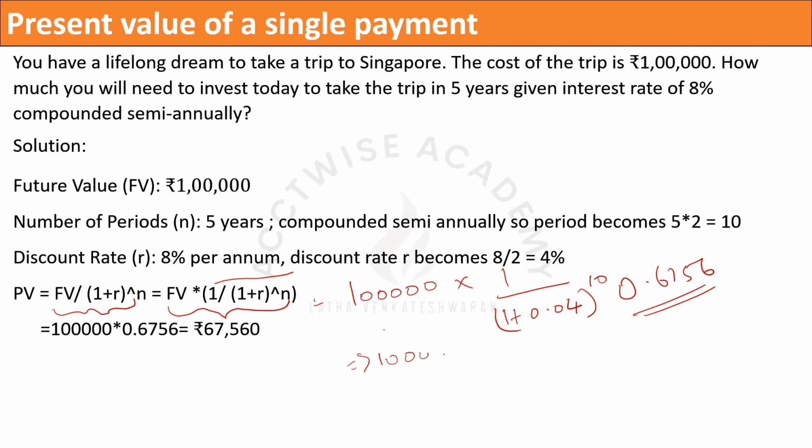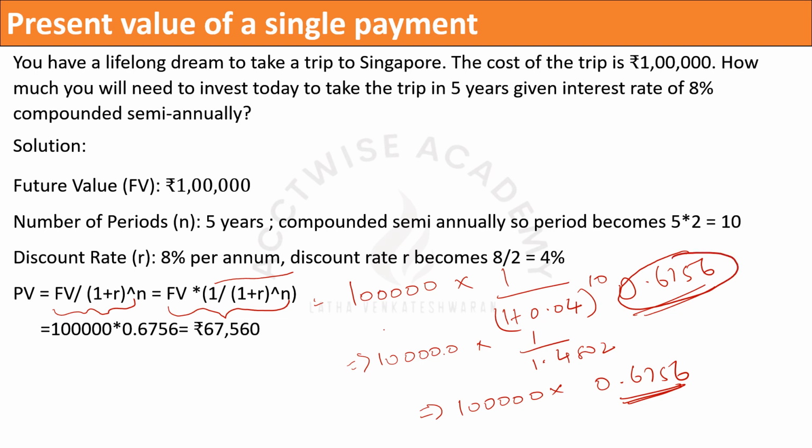Previously, using the formula method, we saw that 1.04 to the whole power n is 1.4802. When you divide 1 by 1.4802, you get 0.6756. This is what we got in the PV table. Just take this from the PV table and substitute here.